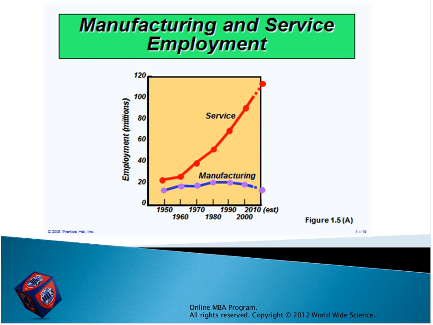As you can observe, the number of persons who have been employed in service organizations is by far more than the number of persons who have been employed in manufacturing organizations.